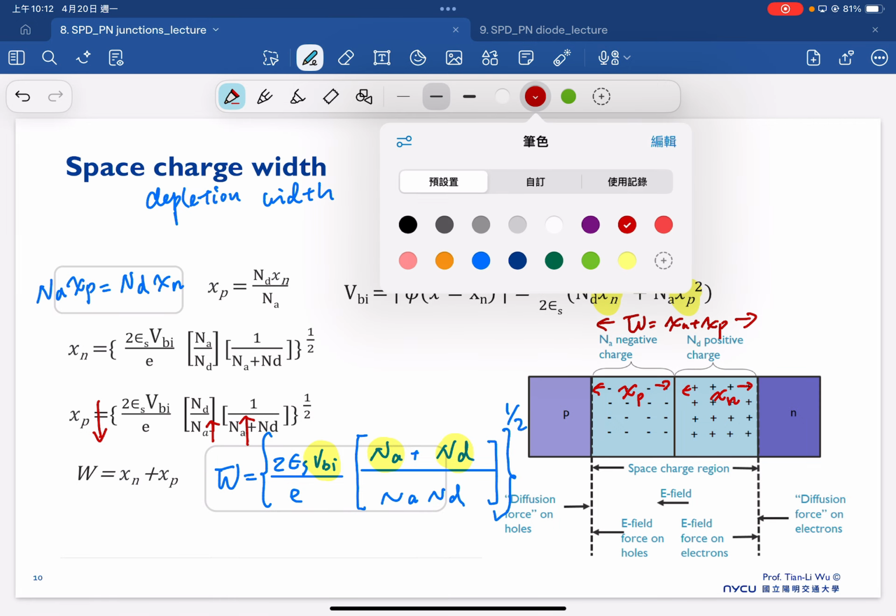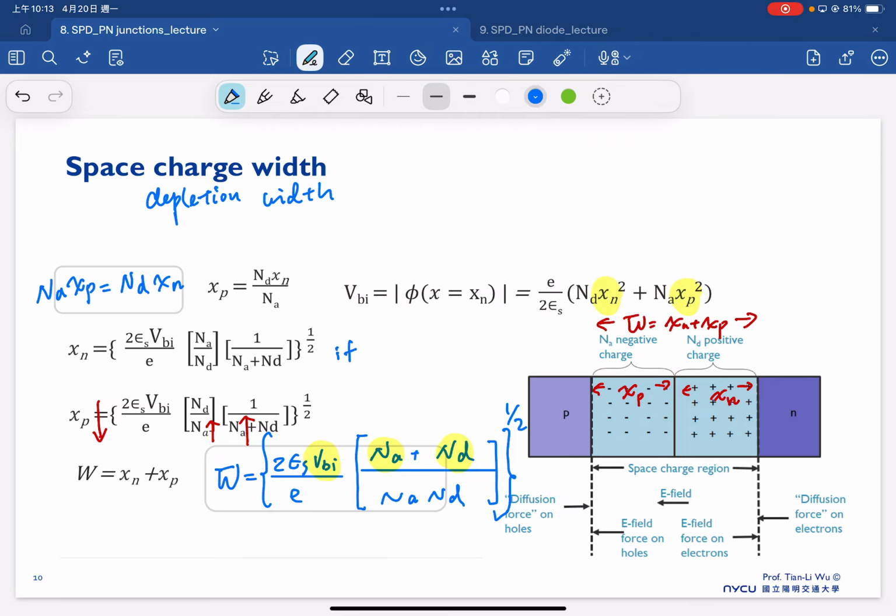Which means if you consider a particular junction, because in a junction we do not always have equal concentration between P and N, it's always the case with a highly doped P or highly doped N. So if you consider the P plus N junction, the P plus means we have a higher P doping, and therefore we basically have a very narrow P depletion width Xp here.